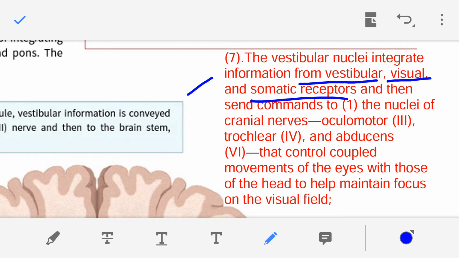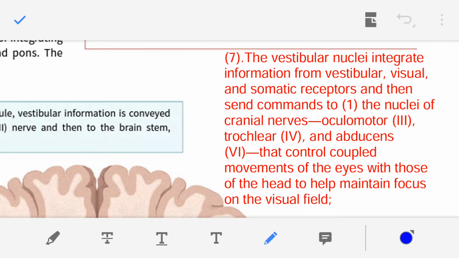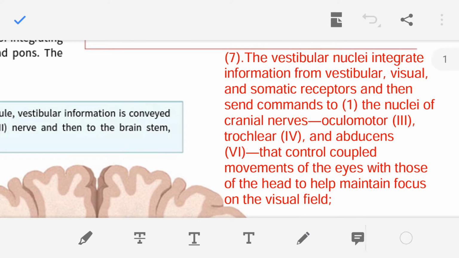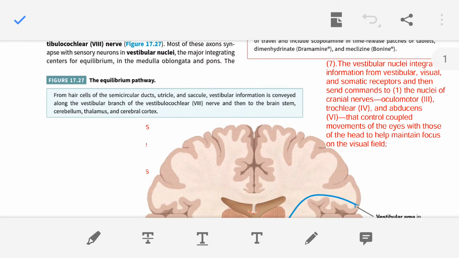The vestibular nuclei interpret and analyze this information, and then send commands. After the interpretation, they send impulses to the nuclei of cranial nerves: the oculomotor nucleus, the trochlear nucleus, and the abducens nucleus.